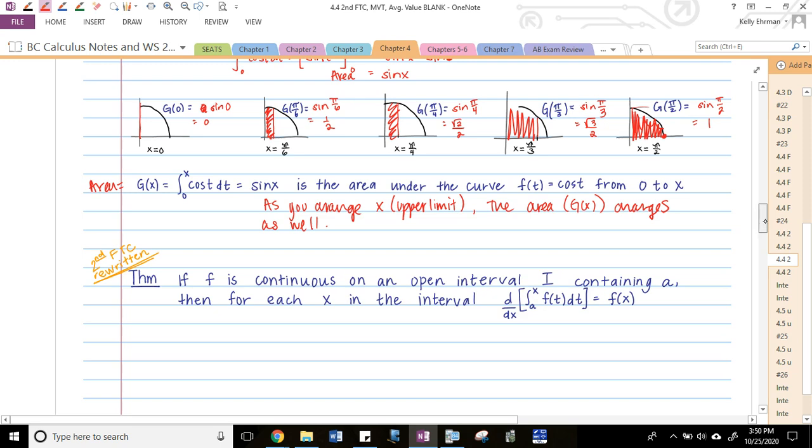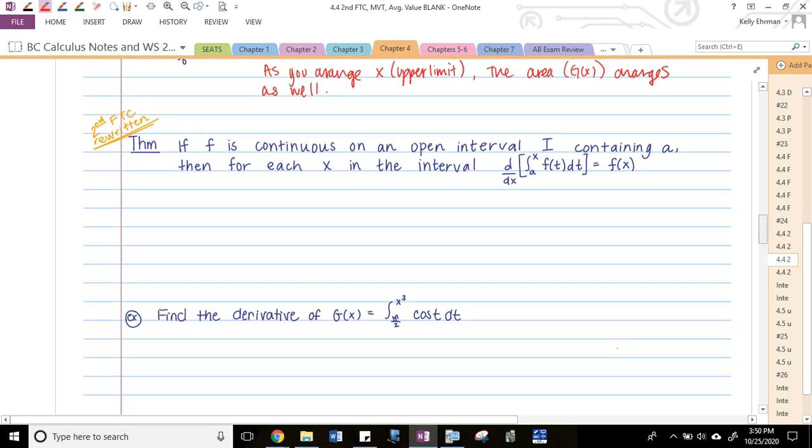What if we rewrite the second fundamental theorem of calculus? So if f is continuous on an open interval I containing a, then for each x in the interval, the derivative with respect to x of the integral from a to x of f of t dt should just be f of x. Now, why is that happening?